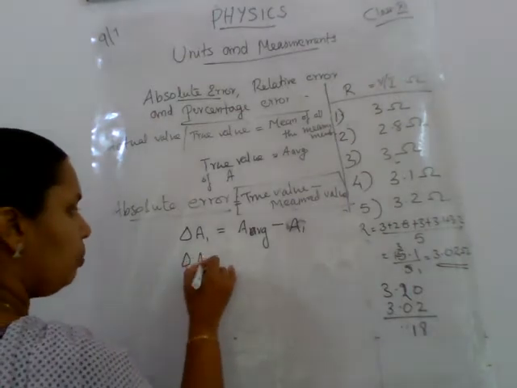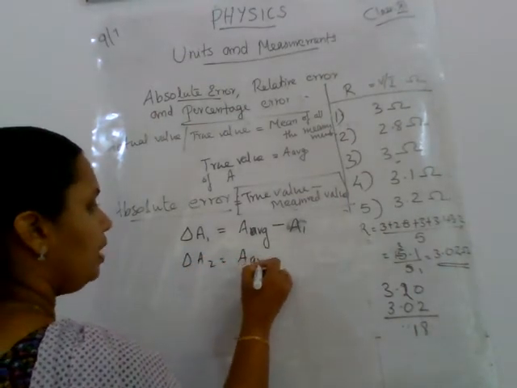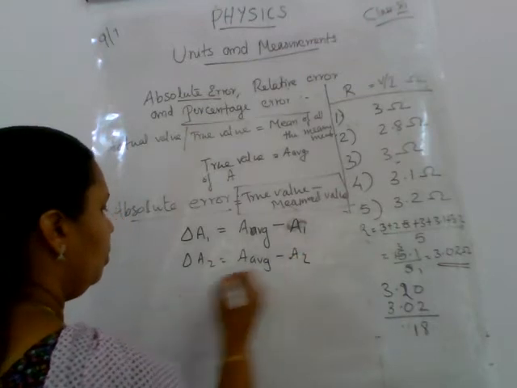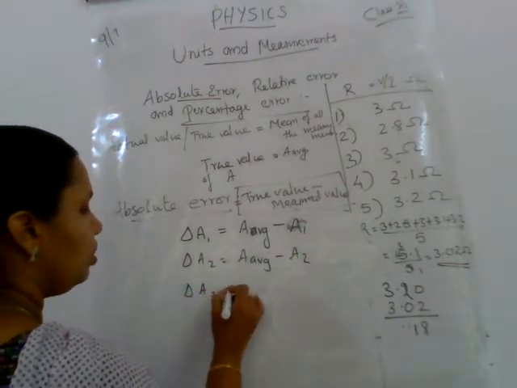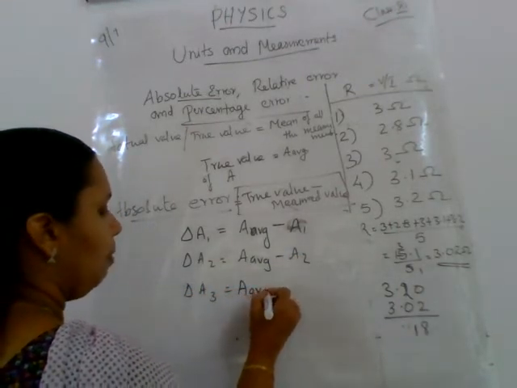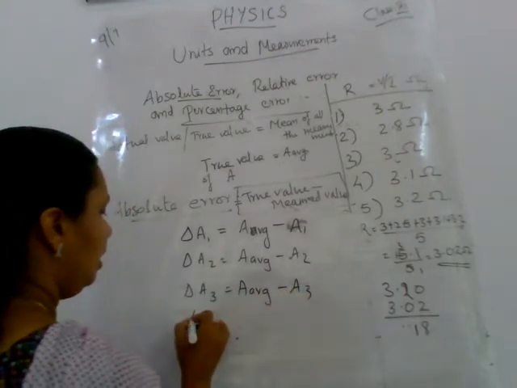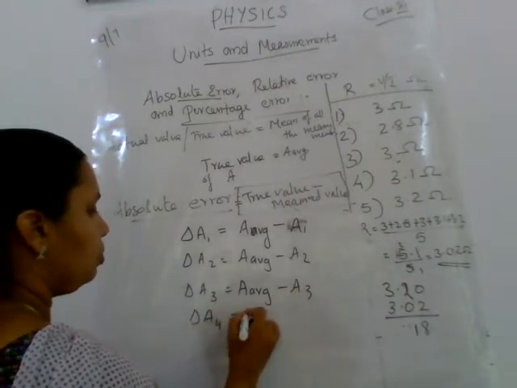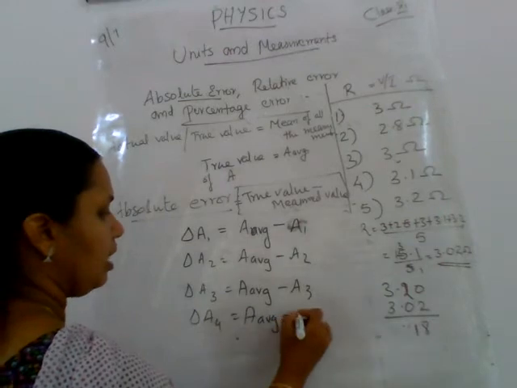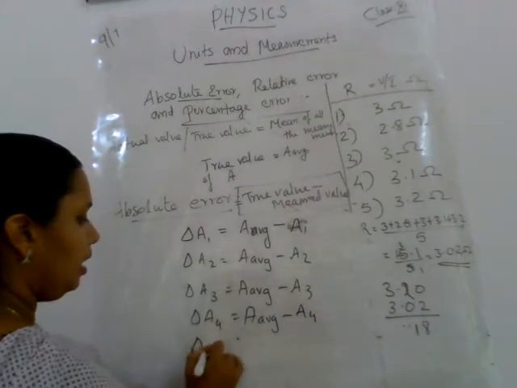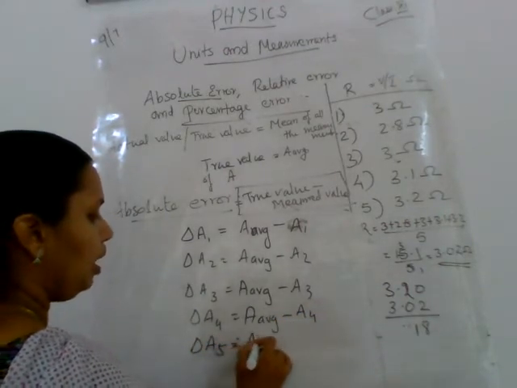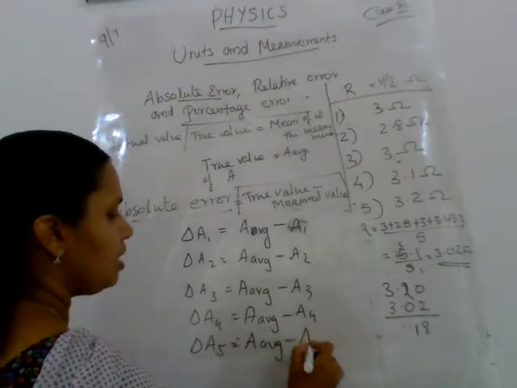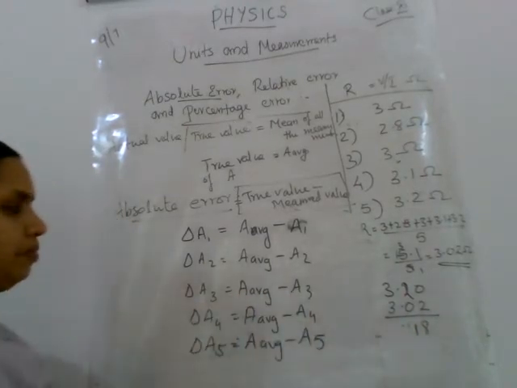Delta A2 is equal to A average minus A2. Delta A3 is equal to A average minus A3. Delta A4 is equal to A average minus A4. And delta A5 is equal to A average minus A5.